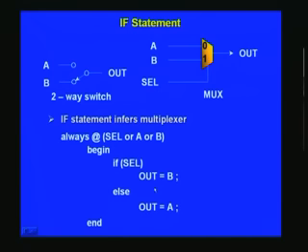And notice that we have fully covered all the possibilities here. The only variable is select, so we have only 2 states. So we have covered it completely, and that's how it is basically a mux. That's what we said, that an if statement normally infers a multiplexer as such.